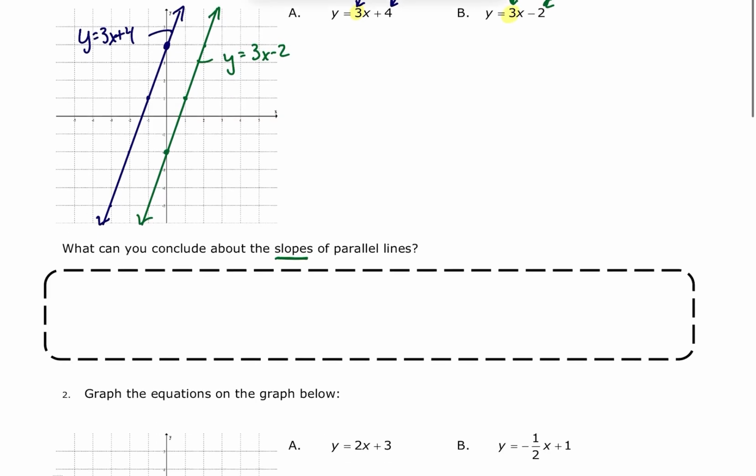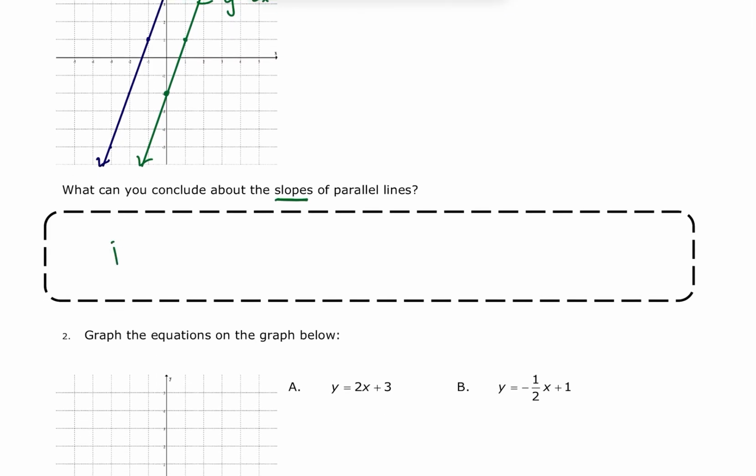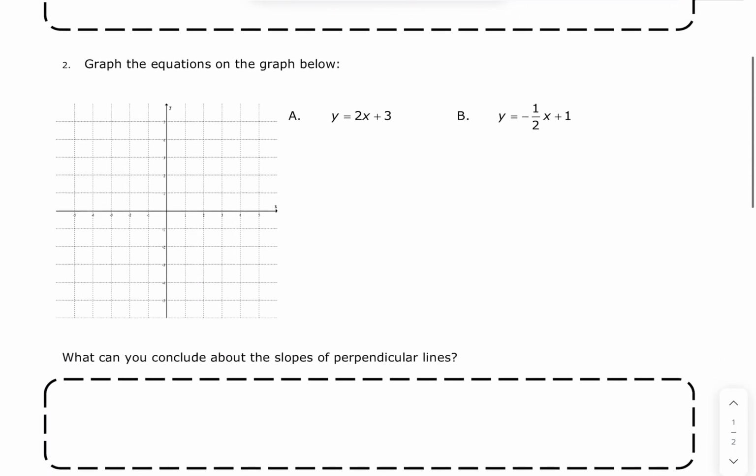So we can deduce that parallel lines will always have the same slope. So if two lines have the same slope, they are parallel, and if they are parallel, they have the same slope, so it goes both directions.